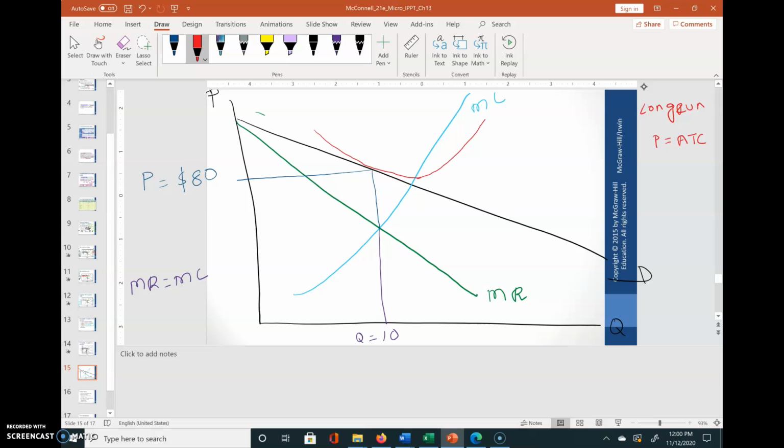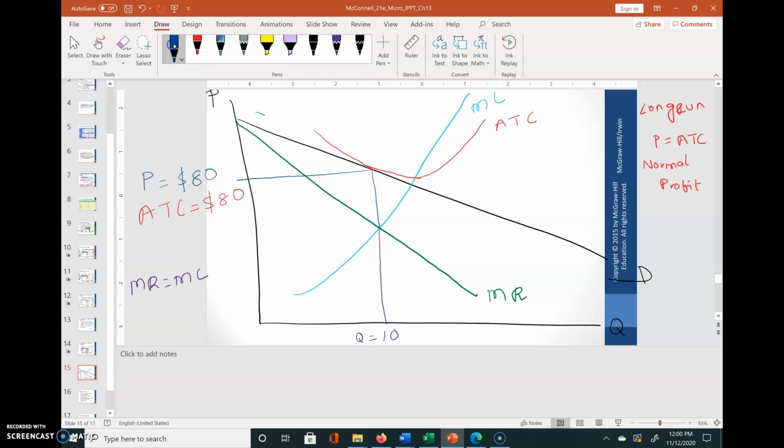This is my average total cost. This is tangent to the demand curve. My average total cost is also equal to 80. That means we are in the long run and we have normal profit.